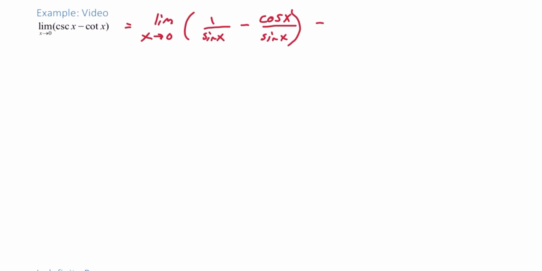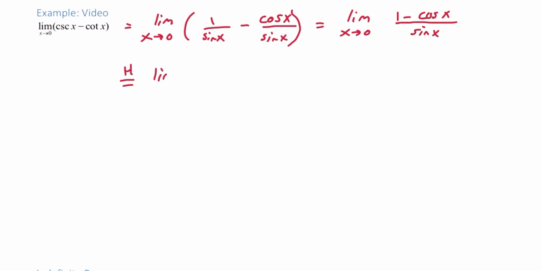Now when we simplify the function here, we have the limit as x approaches 0 of 1 minus cosine x over sine x. This is now an indeterminate form, so we can use L'Hopital's rule.